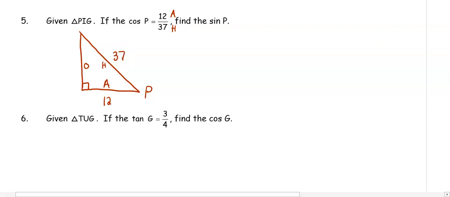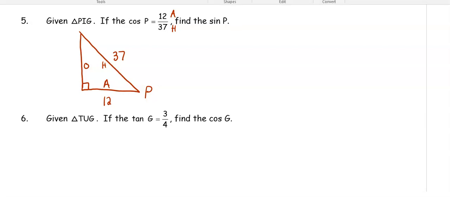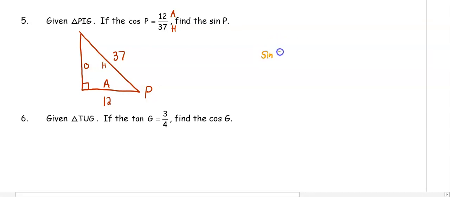So in order to find the sine of P, we know that the sine of P is our opposite side over our hypotenuse. But we don't know the opposite side yet. So first we're going to do Pythagorean theorem. So 37 squared equals 12 squared plus x squared.